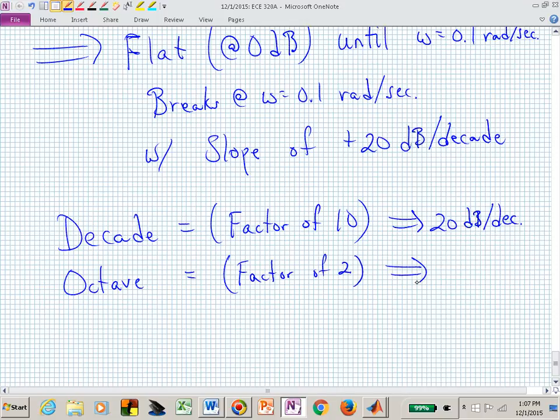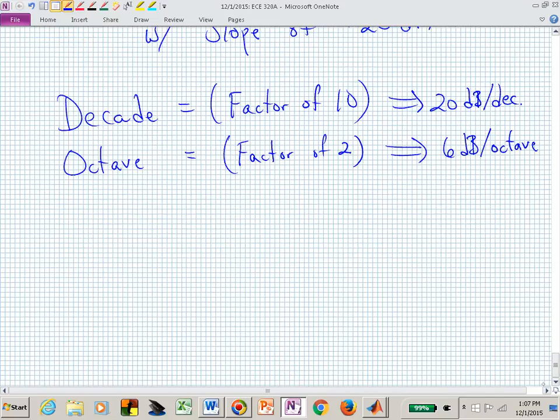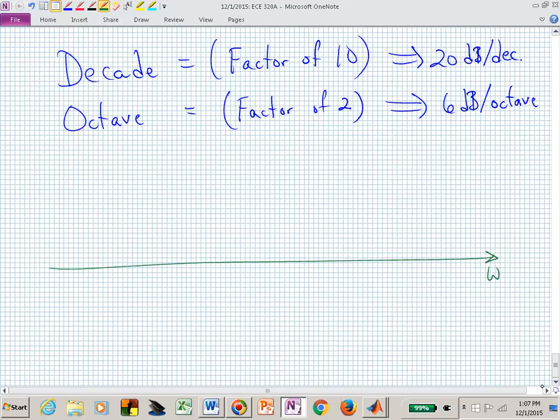And then you're only going up 6 dB per octave. And those are equivalent. But if we now sketch this, and I just get a little bit loose with my labeling, I'll just say that's omega, but it's really log of omega.